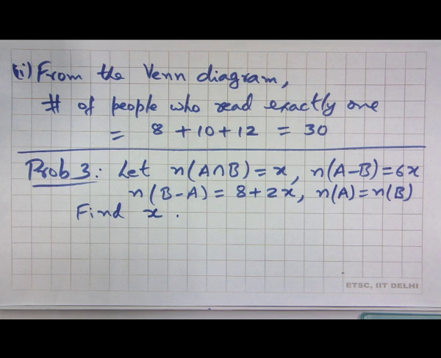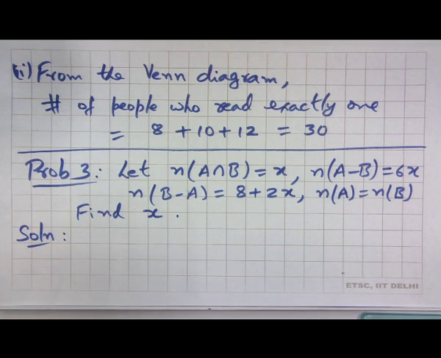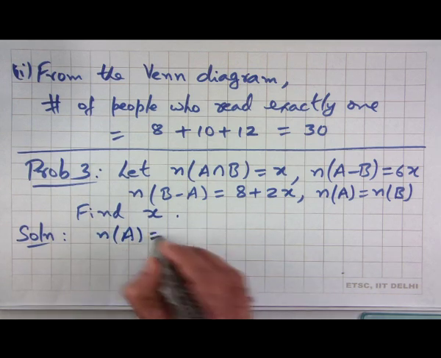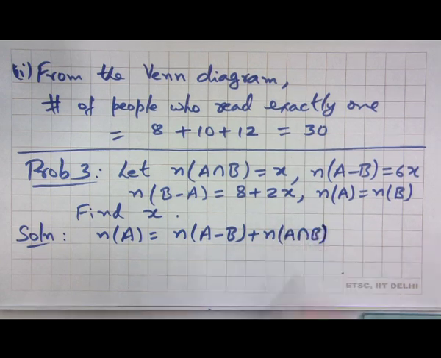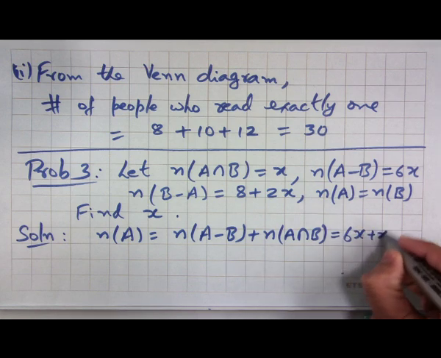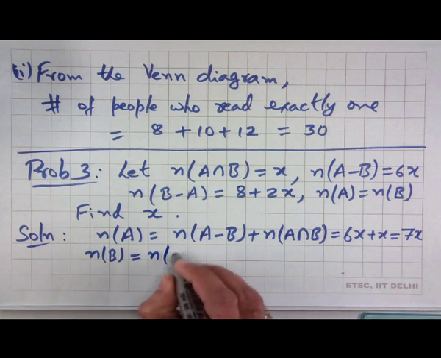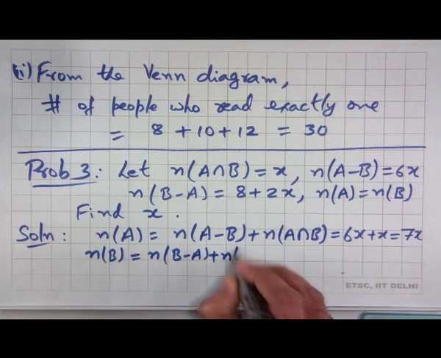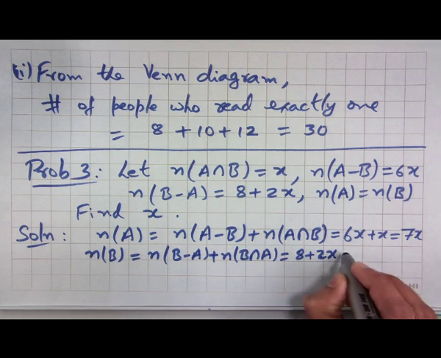Right. So, we are given the number of elements in the intersection, the number of elements in A minus B and B minus A, and the number of elements in A is equal to the number of elements in B. So, to do this, we know that n of A is equal to n of A minus B plus n of A intersection B. So, this is equal to 6x plus x, which is 7x, and n of B is equal to n of B minus A plus n of B intersection A. So, this is equal to 8 plus 2x plus x.